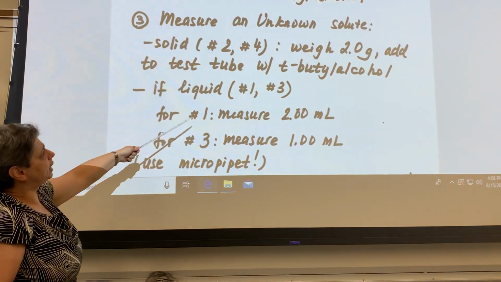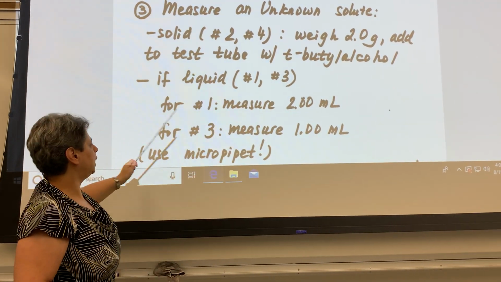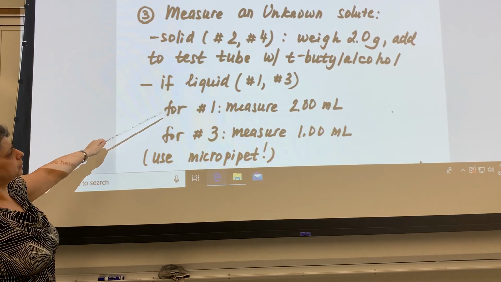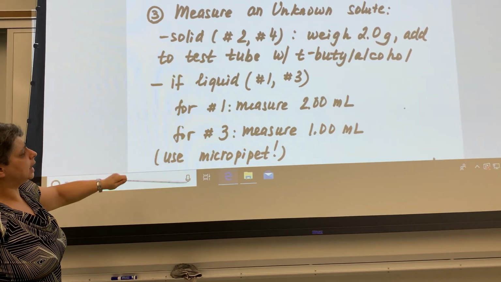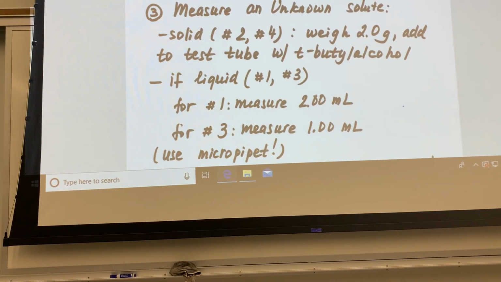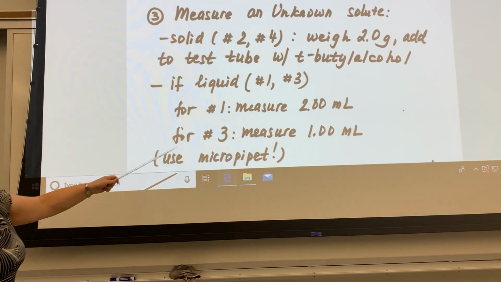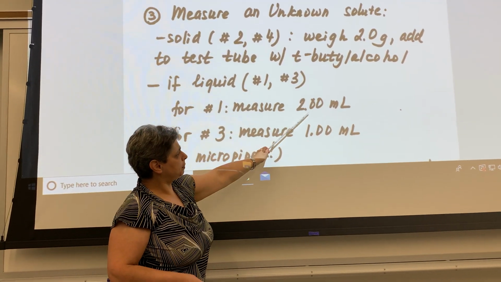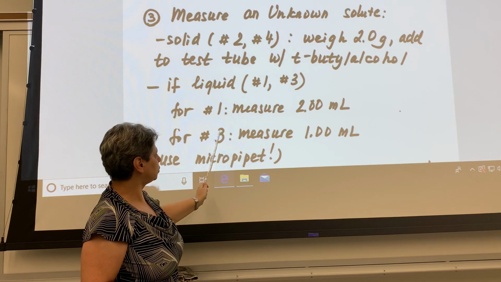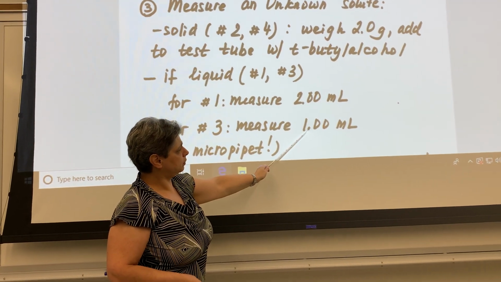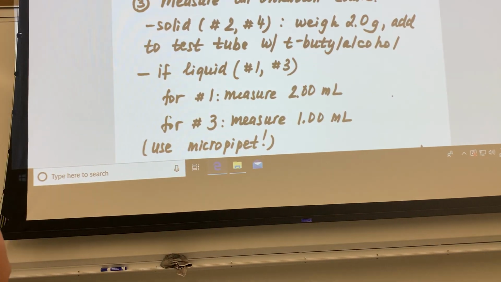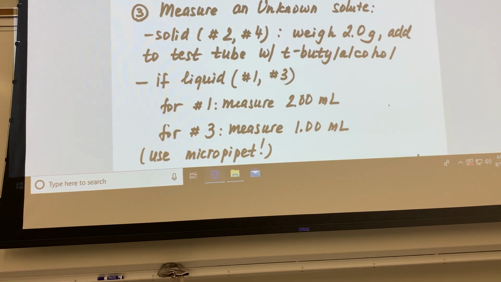The liquid unknowns, we have a number 1 and number 3, and you will be told which unknown you had. And for unknown number 1, the expected volume used to prepare a solution is 2 milliliters. For unknown number 3, the volume is 1 milliliter, using a micropipette for greater accuracy.